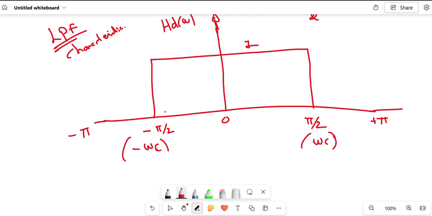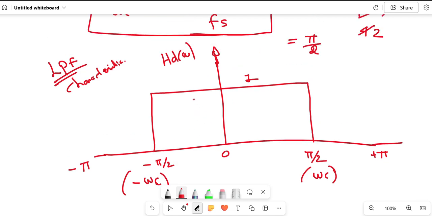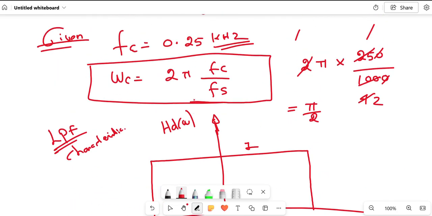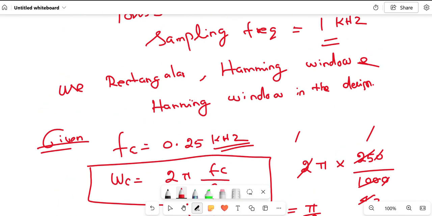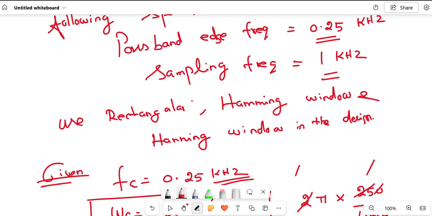So for this, now you use the low pass filter, with the rectangular window, Hamming window and Hanning window. You find hd(n) properly, substitute and find hd(n). So the alpha value you have to find out.